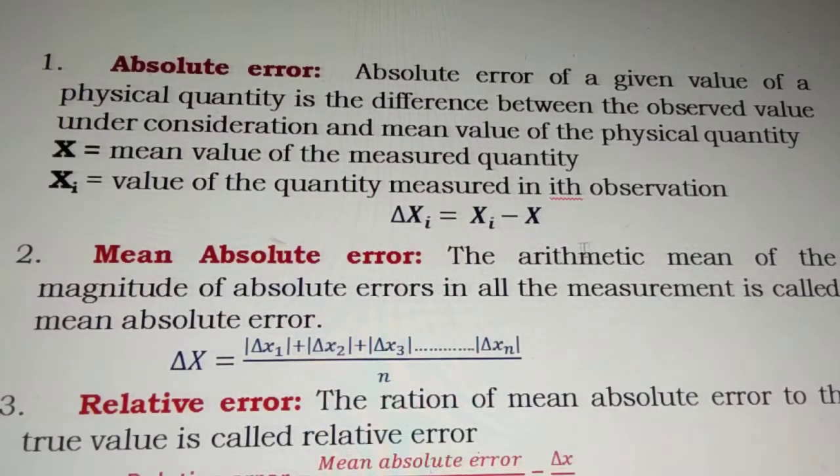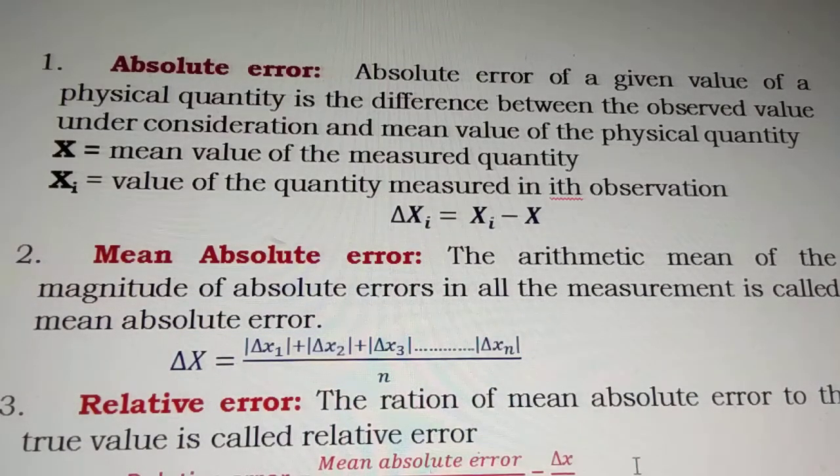It means the arithmetic mean of the magnitude of absolute error. Magnitude means even if the minus value is there, you have to consider it as a positive value.